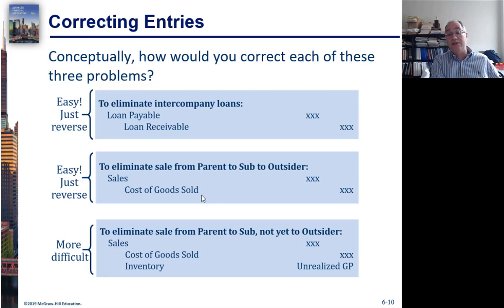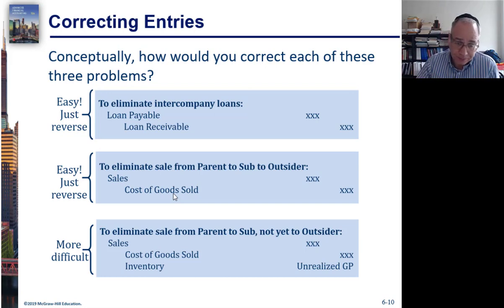The sale from the sub to the outsider is good. The sale from the parent to the sub is not good. So you would debit sales and credit cost of goods sold. The sales you would debit would be the value of the sale from the parent to the sub, and the cost of goods sold that the sub incurred when it had that sale.